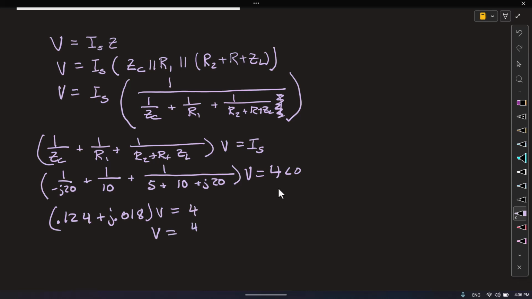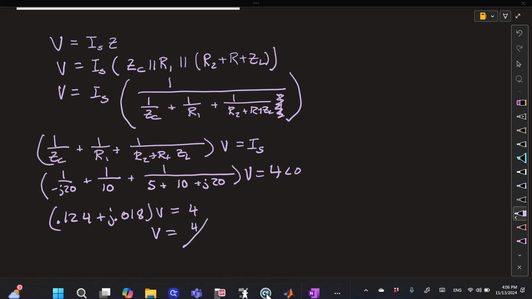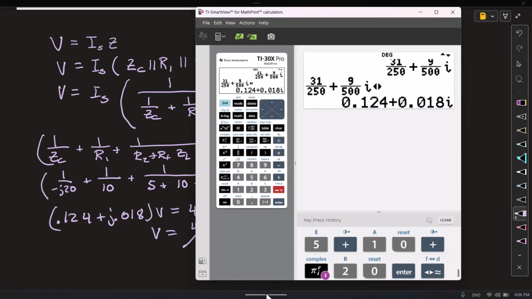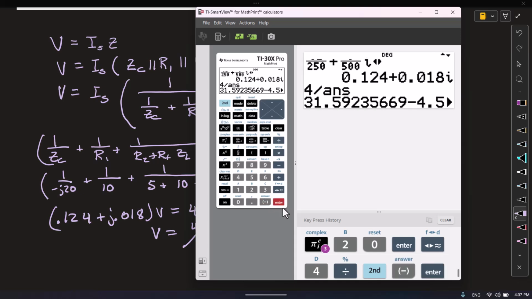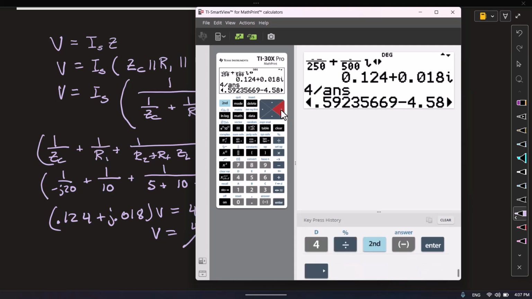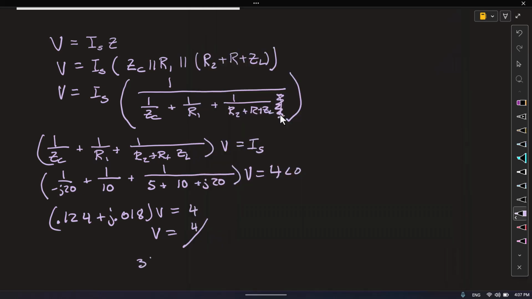So V equals 4 over that number. So 4 divided by that answer is 31.59 minus J4.58 equals V.